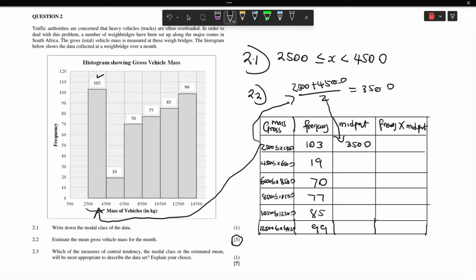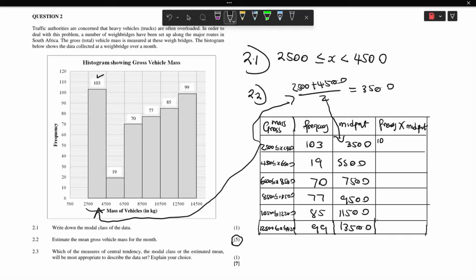Then you get this one, you add these ones there, and here it will be 5500. And then this one will be 7500, then 9500, then 11,500, and this one will be 13,500.